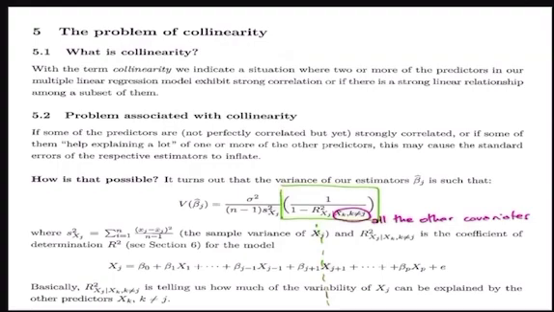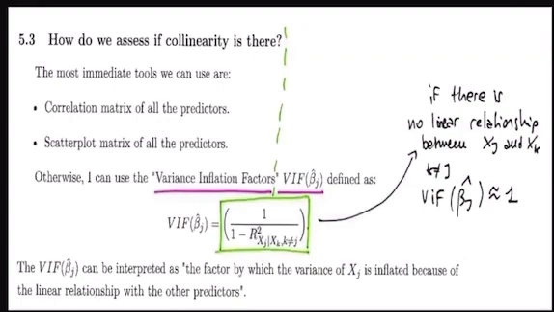The variance of an estimator has not been inflated. So that is the reason why, if we want to investigate whether a particular explanatory variable is problematic, whether it's correlating with the others, we have a code for that. You just do VIF.